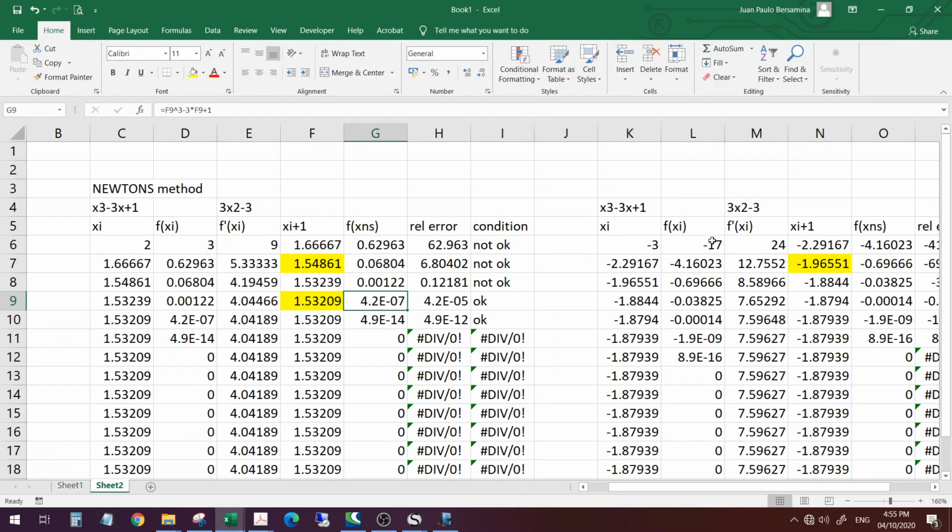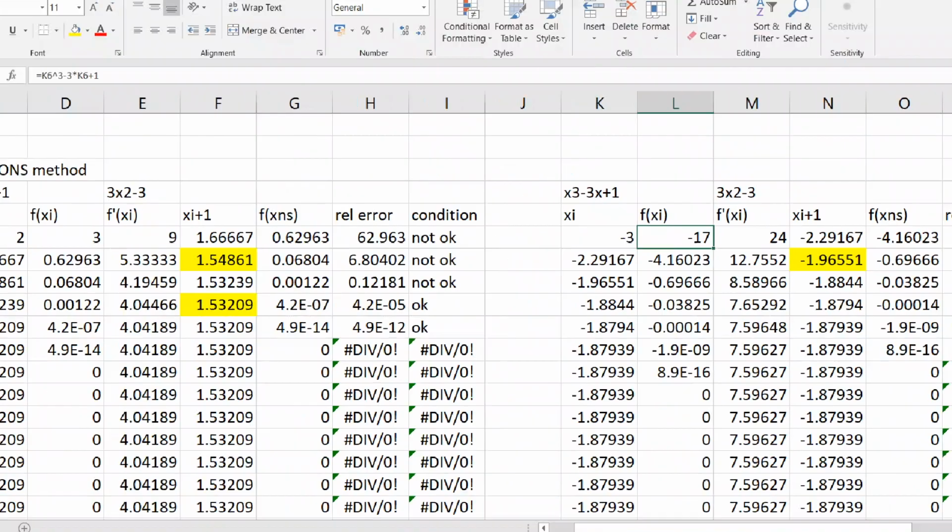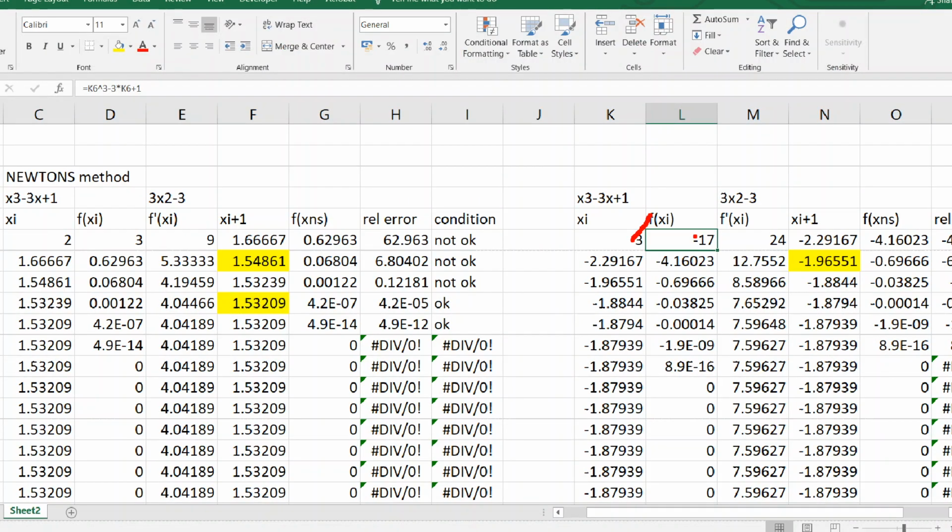Okay, so how about the other root here, which is near -2? So again, using Newton's method, I assumed an initial x of -3. Okay, same thing as we did here on the left. So -3, f of x is -17, f prime of x is 24, then xi plus 1 is -2.29.